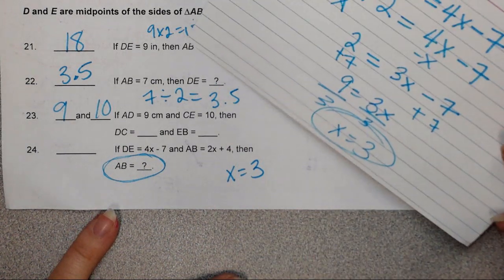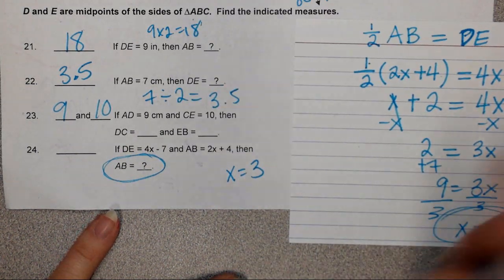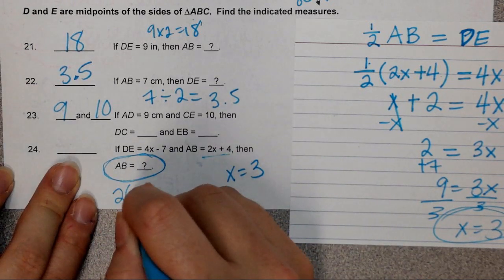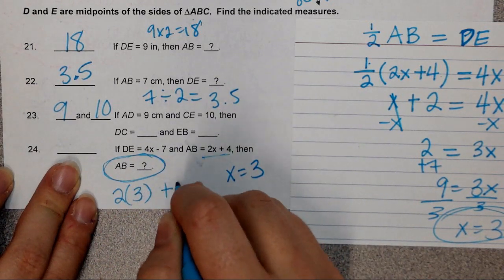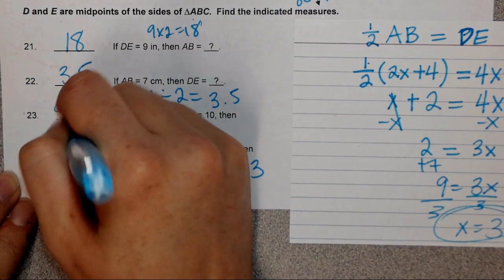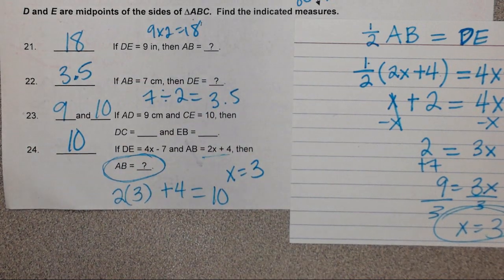Okay, so if that's the case, then let's go plug x back into AB. So 2 times 3 plus 4 gives us that AB is 10.